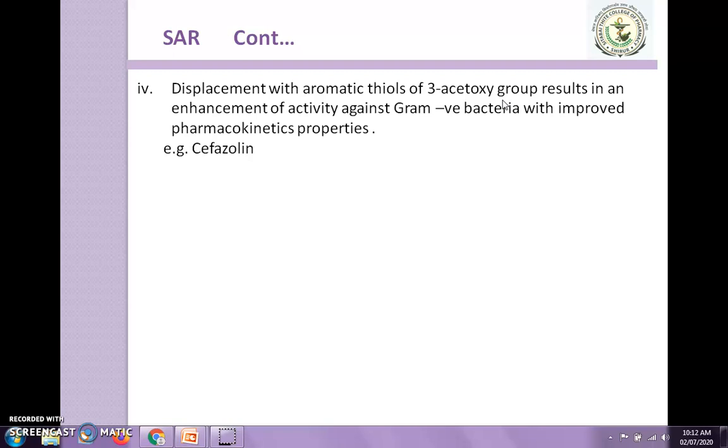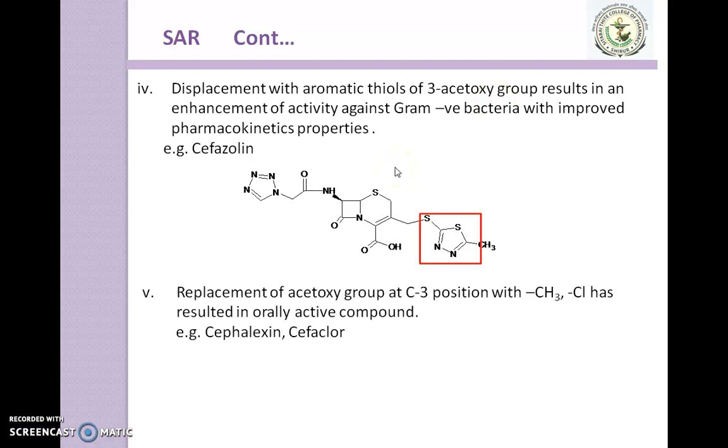Here is the structure of cefazolin, which has a thiadiazole ring.